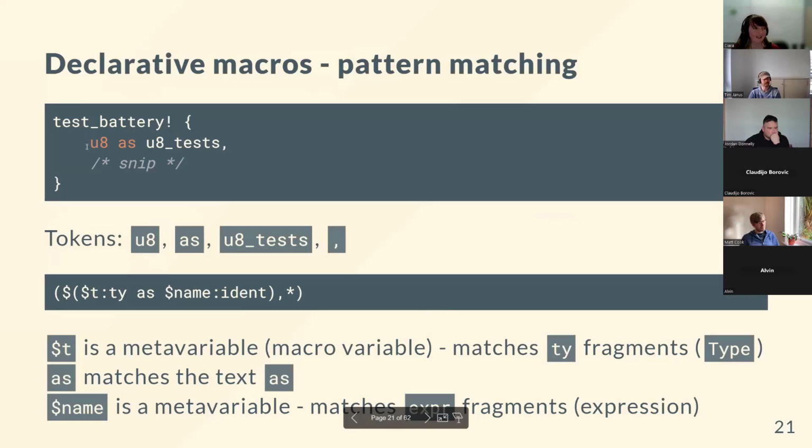What's happening here is your pattern matching again. This is the type here, and we're saying whatever matches this type is going to become our meta variable $t. Then we have this as, which is just raw text. It's just going to match text that says as, and then we have a second meta variable $name, which is some kind of identifier.